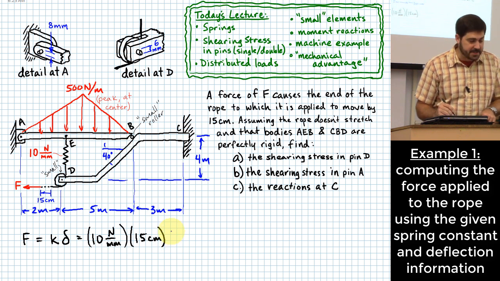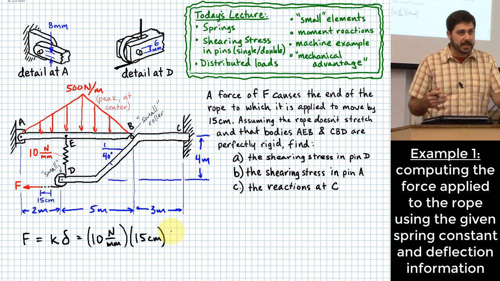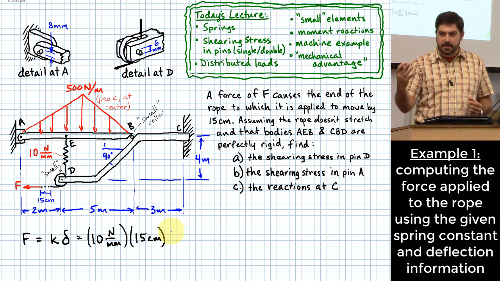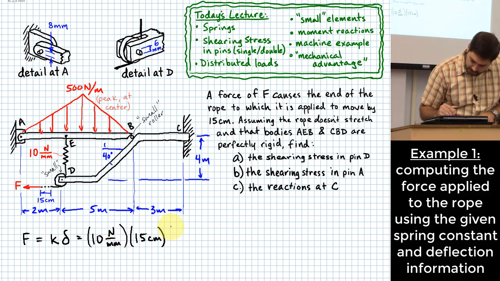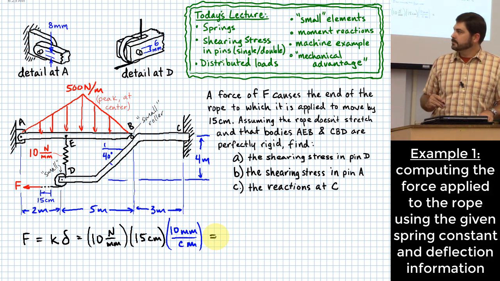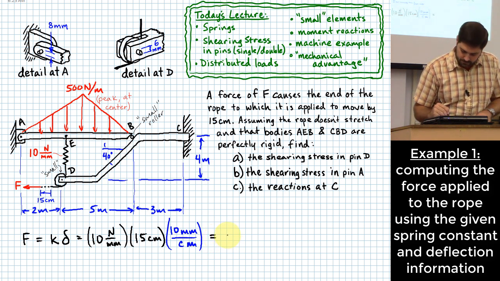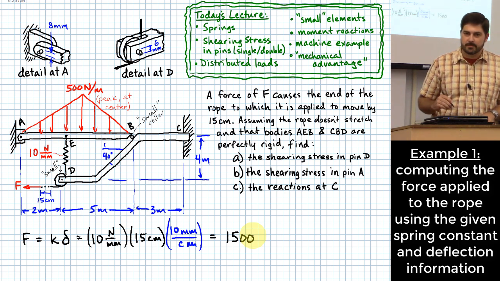Okay, how many millimeters in a centimeter? There's 10 millimeters in a centimeter, because a milli is a thousandth, centi is a hundredth. And so I should probably set up something like this where I say 10 millimeters per centimeter. And what does this tell me in terms of what the F is going to be? 10 times 10 is 100. 100 times 15 is 1,500, right?